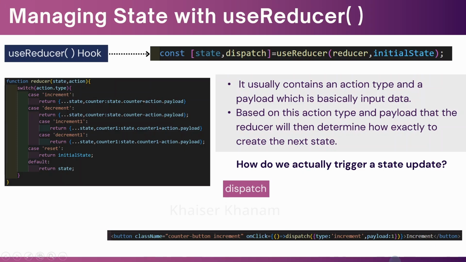Inside this dispatch function, you can see we have passed an object, and this object is nothing but the action, which has a type property and a payload property. Based on this type, we perform our operation and return our next state. Here I have given increment, so increment will be executed, and based on this, I will get my new updated state.